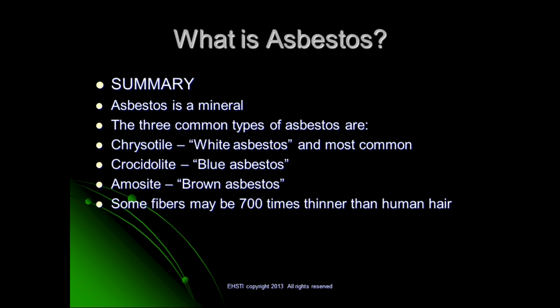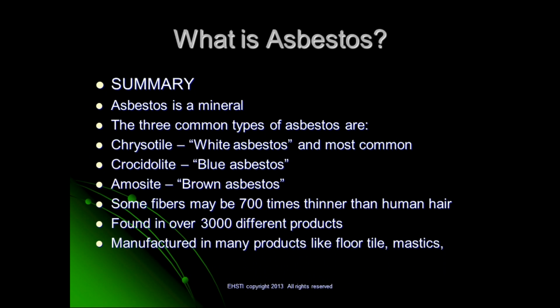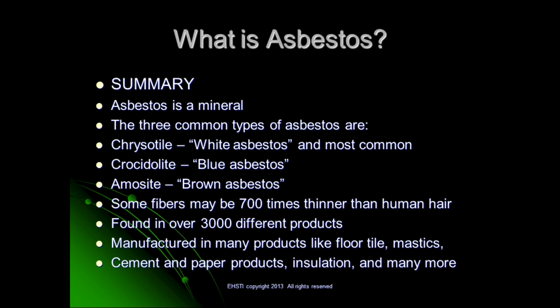Some fibers may be 700 times thinner than a human hair. It is found in over 3,000 different products. It's manufactured in many products such as floor tile, mastics, cement and paper products, insulation, and many more.